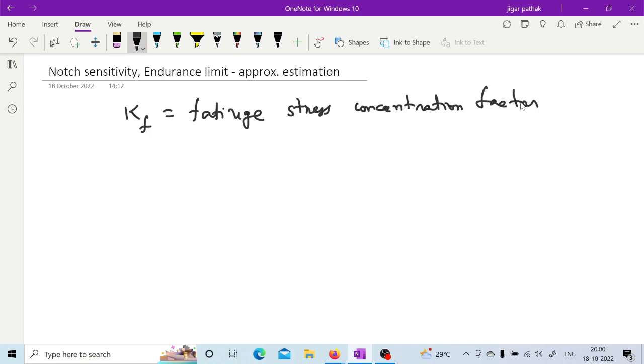The fatigue stress concentration factor is denoted as Kf, right?